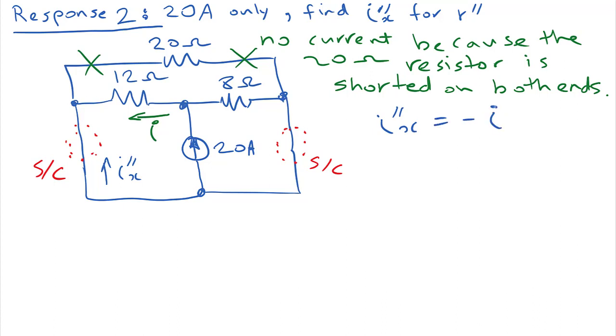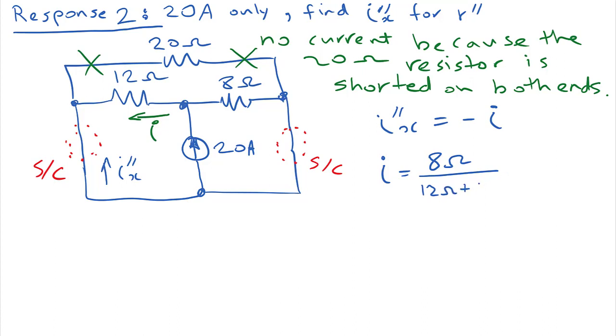So then, let's use our current divider formula to calculate I. So then I is going to be equal to 8 ohms. Now remember, in the current divider we use the other resistor, or the resistor in the other branch, and then on the bottom it's going to be the resistors.